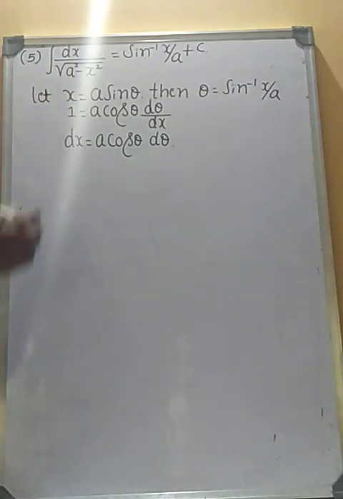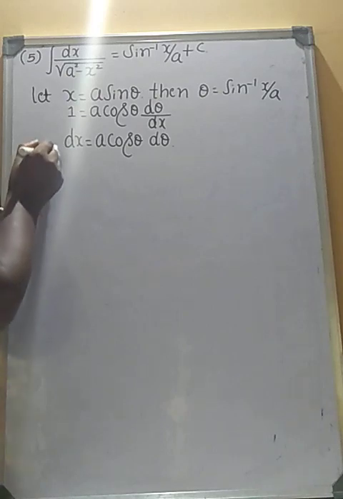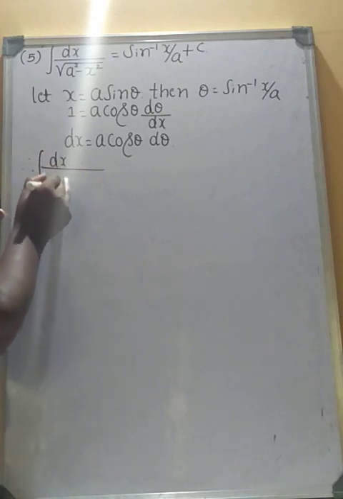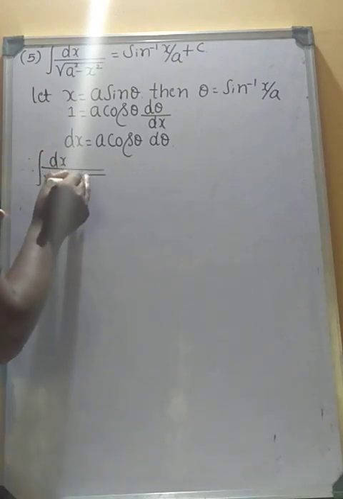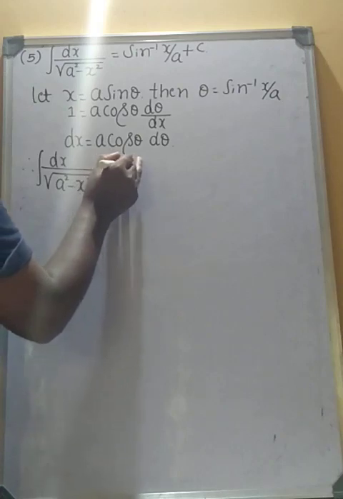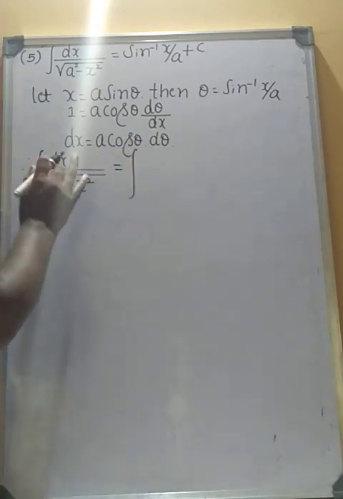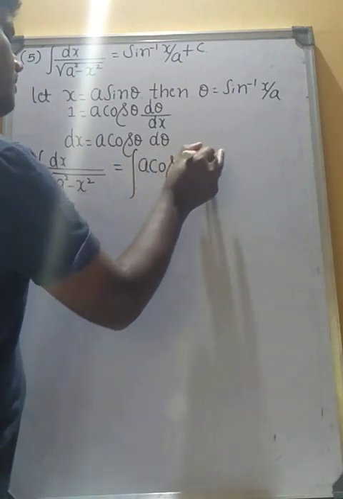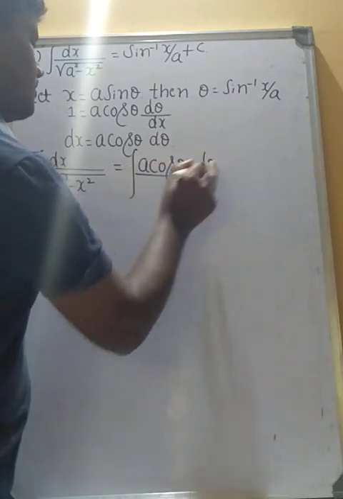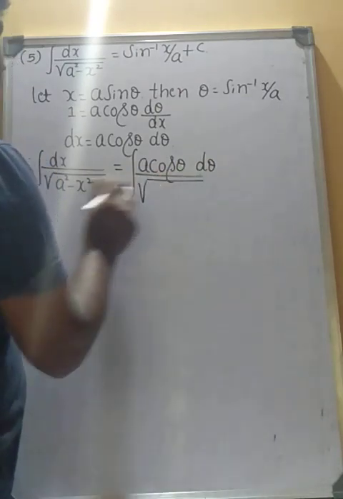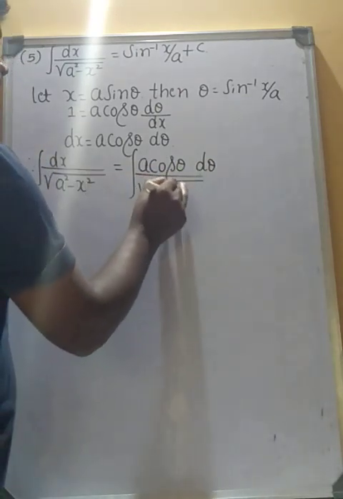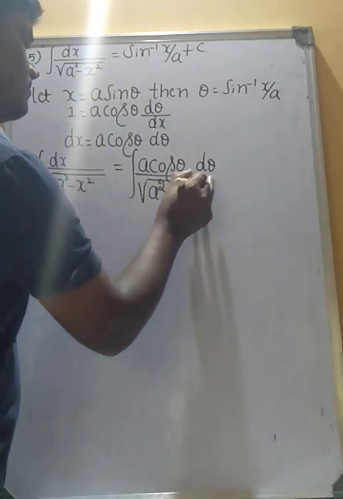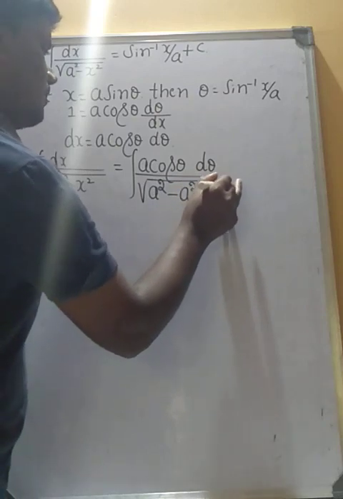Substitute in the given integral. Therefore, integral of dx divided by root of a square minus x square equals integral of a cos theta d theta divided by root of a square minus x square. X is a sine theta, then x square is a square sine square theta.